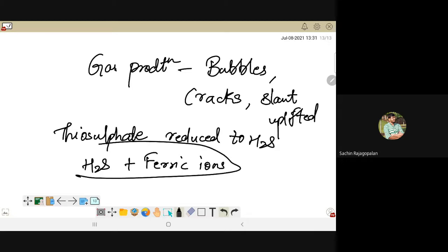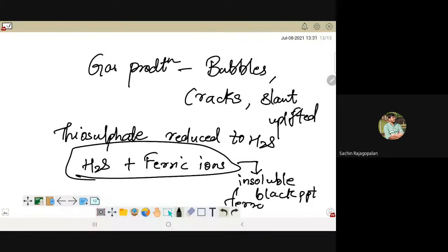And this combination of H2S and ferric ions is going to give rise to an insoluble black precipitate of ferrous sulfide. So H2S will combine with the ferric ions, give rise to ferrous sulfide, which forms an insoluble black precipitate.